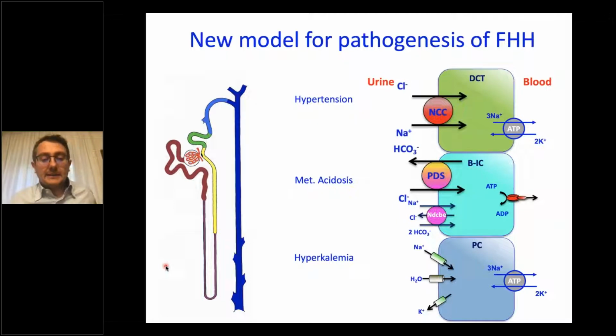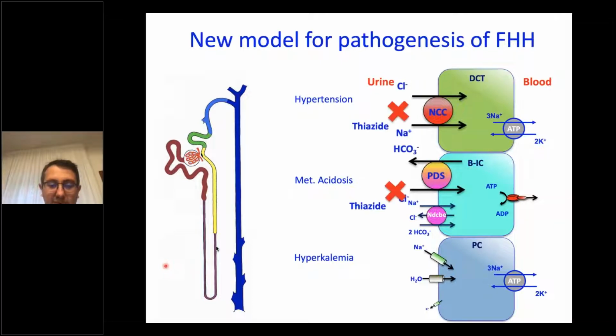And hyperkalemia was due to a reduction in the expression and function of ROMK, as previously proved by the Lifton lab. And when we apply thiazide, the recovery could be due not only to the inhibition of NCC function, but also of pendrin and NDCBE.